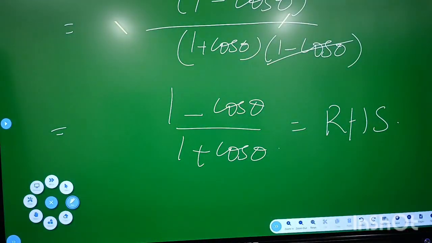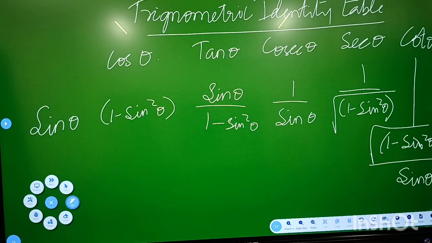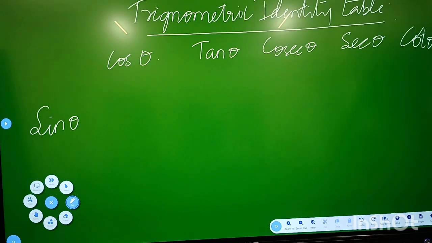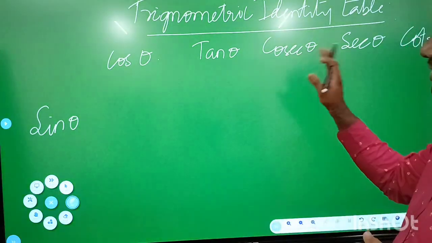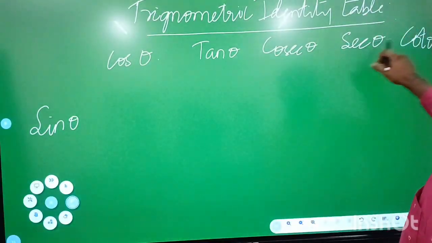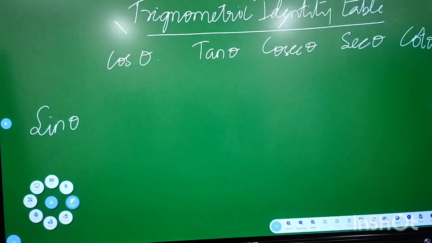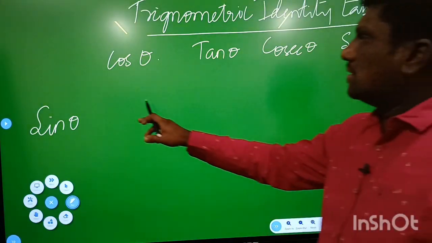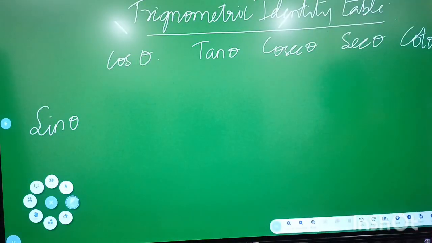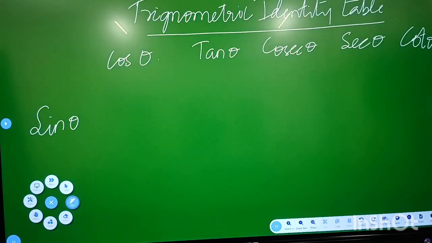So let us see that explanation for one particular such case. It's a table, and usually the x-axis consists of other things, and on the y-axis also there are a lot of other aspects. But here what we use is only one thing, where we take sin theta and express it in terms of other identities, so that it will be easy for you.